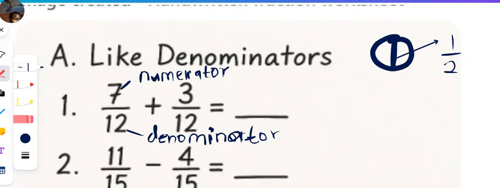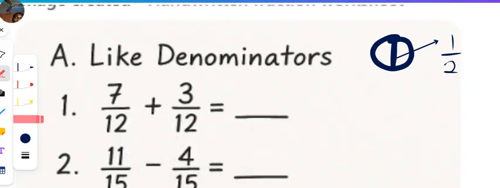So we're adding fractions that have the same denominator, that means the same. After that, we'll add fractions that have unlike denominators, that is, they have different denominators. So let me clean that denominator part up, so that we can solve the fraction better.